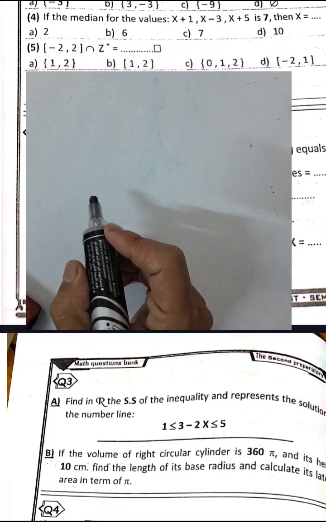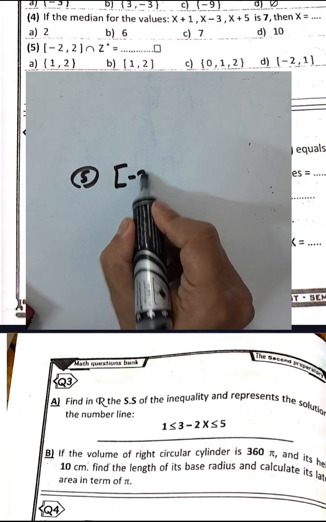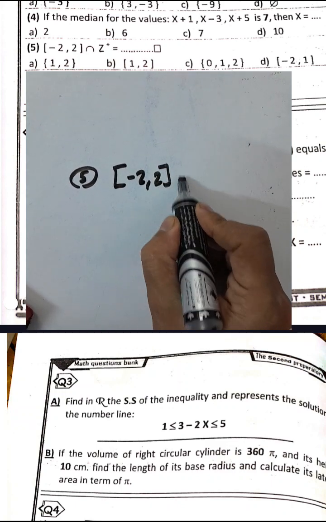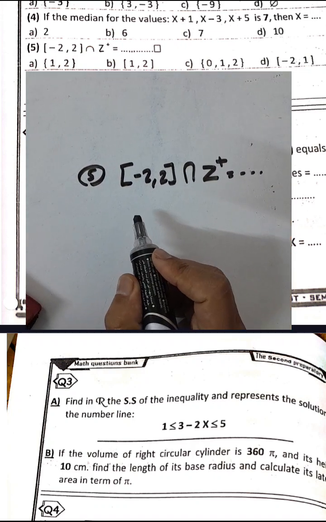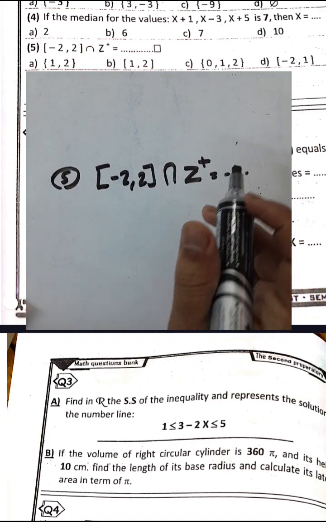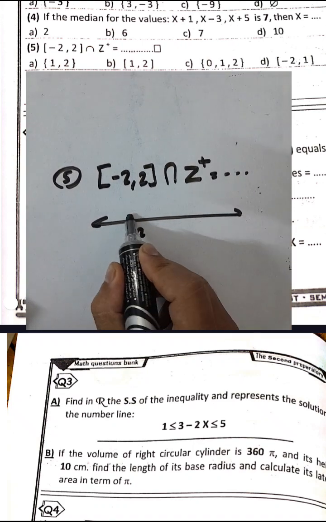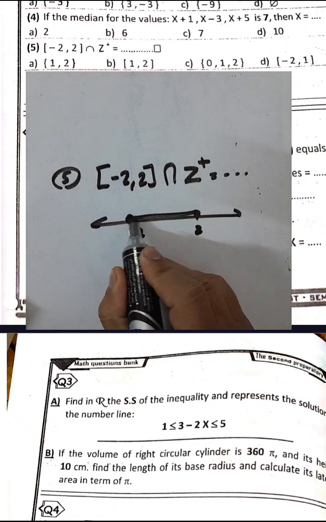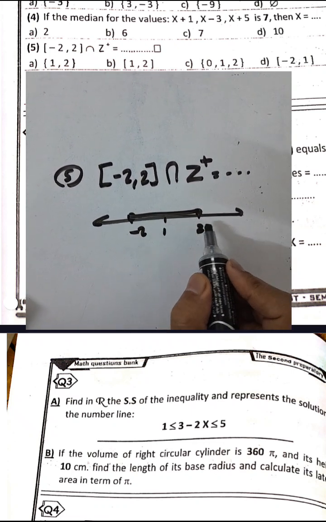Question number 5. Closed interval negative 2 and 2 intersection with Z positive equals what? Z positive refers to the positive integers. We have from negative 2 to 2, closed interval: negative 2, negative 1, 0, 1, and 2.